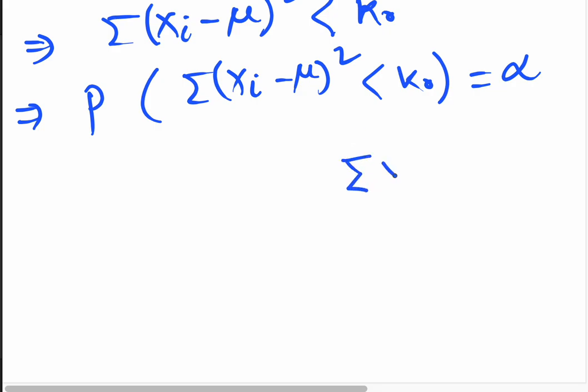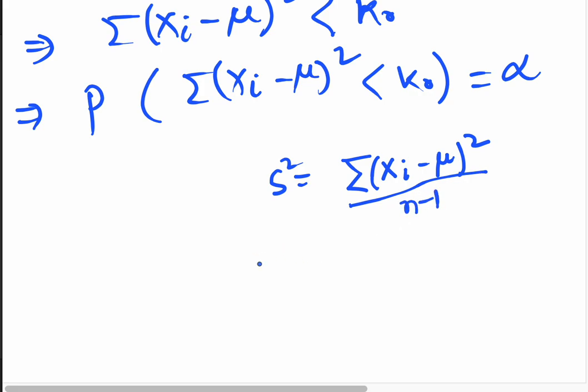Summation of (xi minus mu) square. The sample mean is S square, it is by n minus 1, and we know that S square by sigma square, times n minus 1, follows a chi-square n minus 1 distribution.